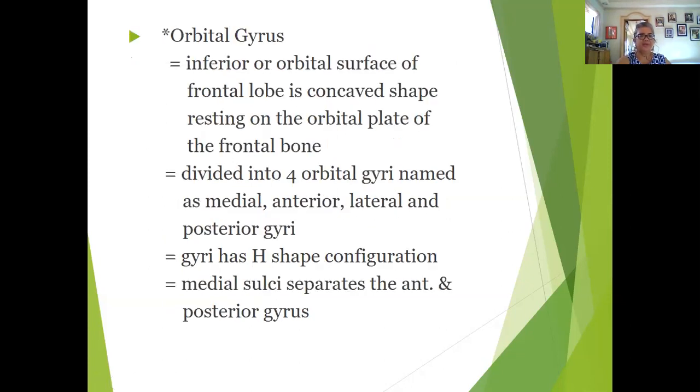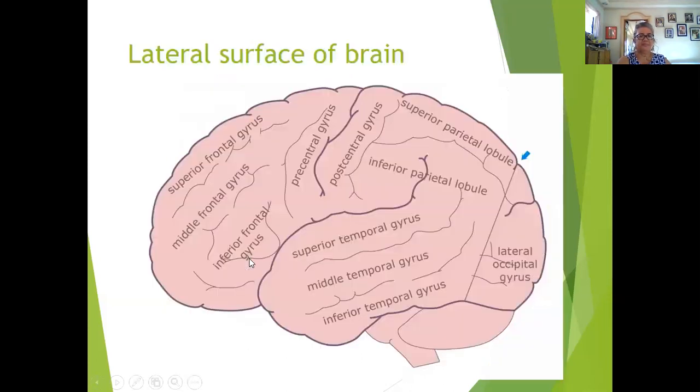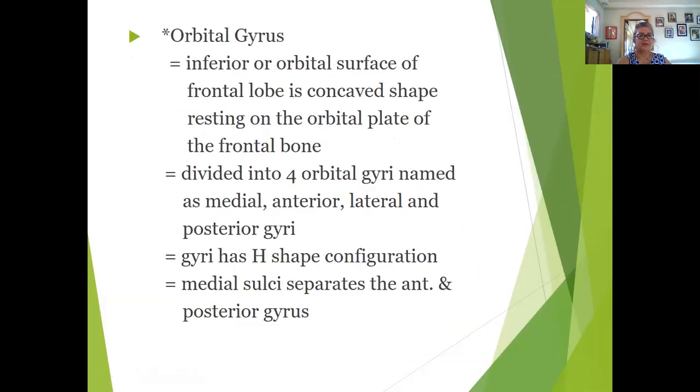So you have here the anterior orbital gyrus, the posterior orbital gyrus, then the medial orbital gyrus, and the lateral orbital gyrus.